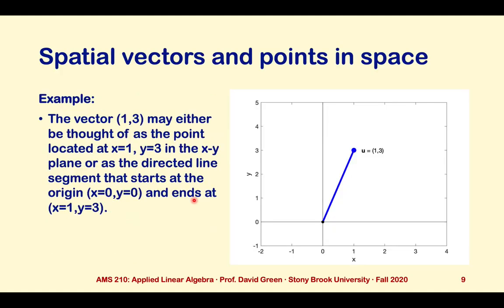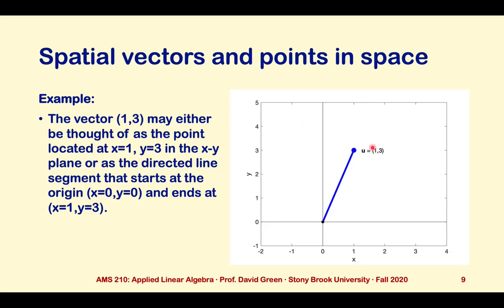Just as a quick example to show these different ways of thinking about a vector, take the vector as an ordered list of 1 and 3. We might think of it simply as the ordered list of numbers. We might think of it as the point located at x equals 1 and y equals 3 in an xy plane as represented here.